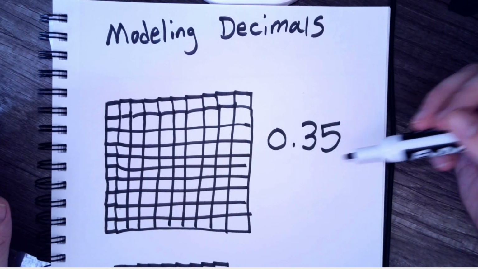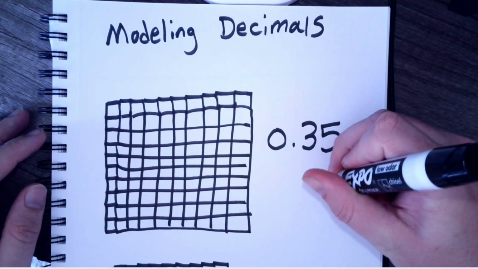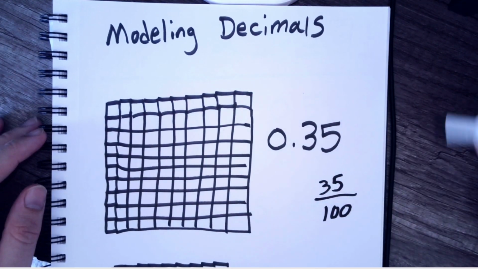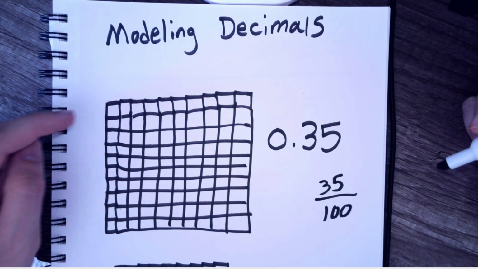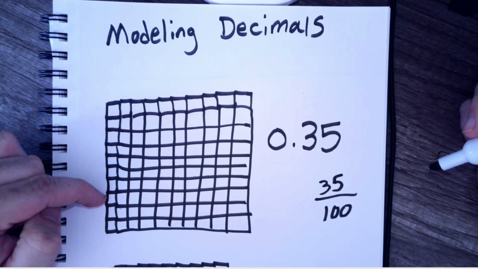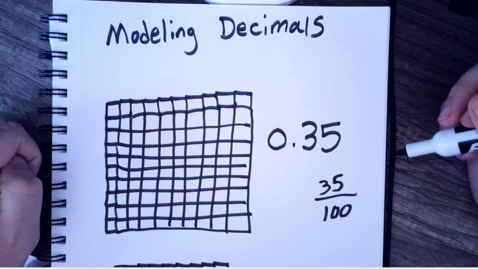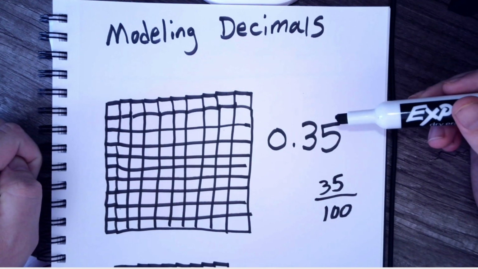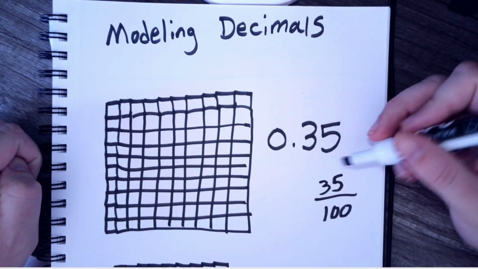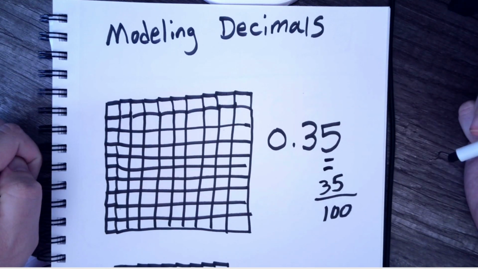This means 35 hundredths. That means we literally have 35 out of 100 if I wanted to make it a fraction. So I could shade in 35 individual squares, individual units, and that would give me 35 hundredths. And I can say that as a decimal or as a fraction. They are equivalent to each other.